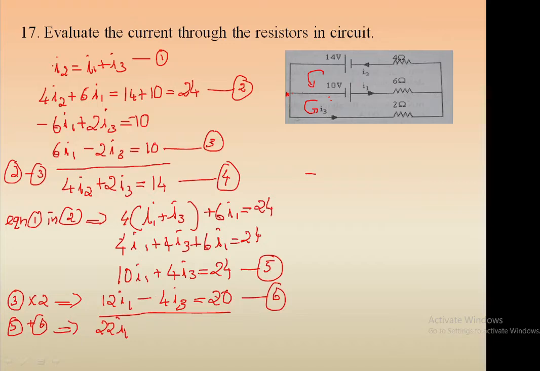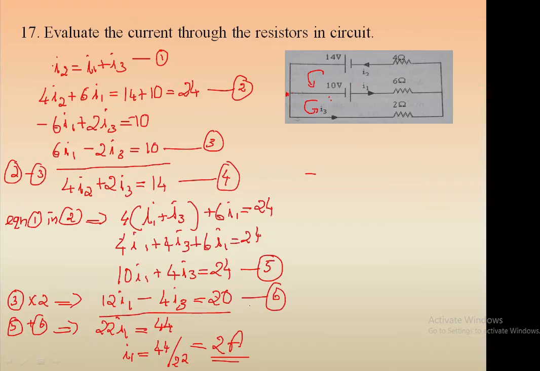Here 4i3 minus 4i3, when we add, will cancel out. So 22i1 is equal to 44. From that, I1 is equal to 44 divided by 22, that is equal to 2 ampere.